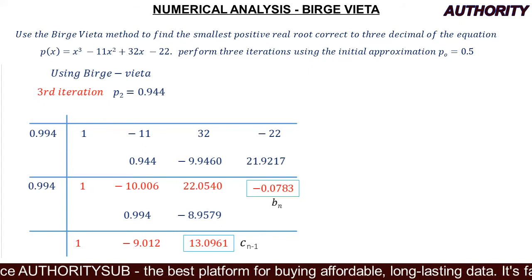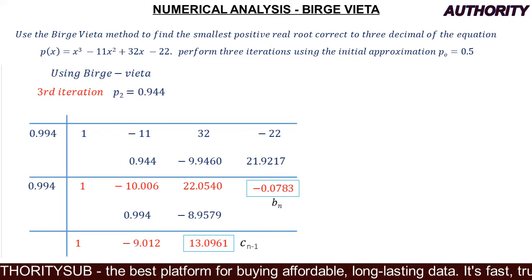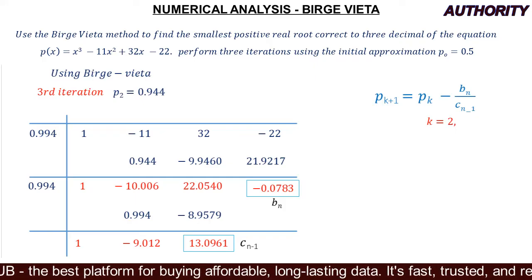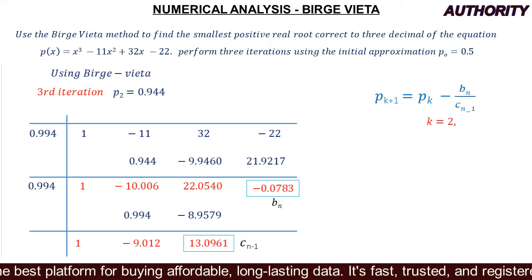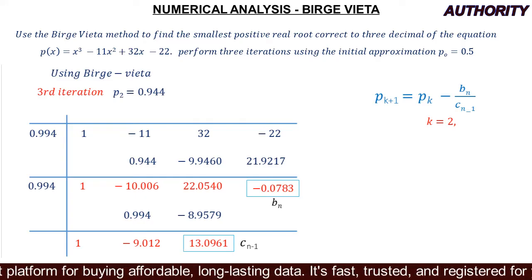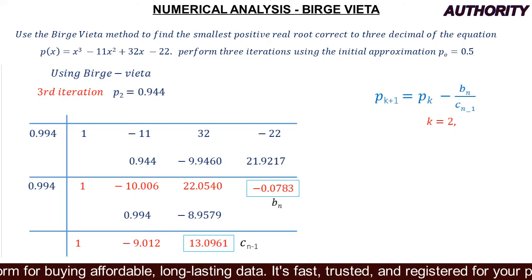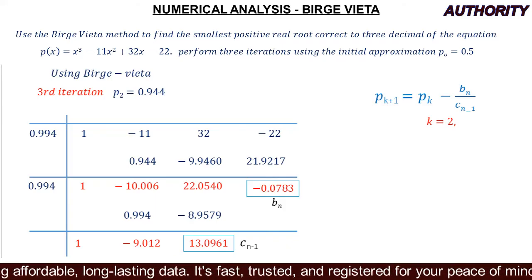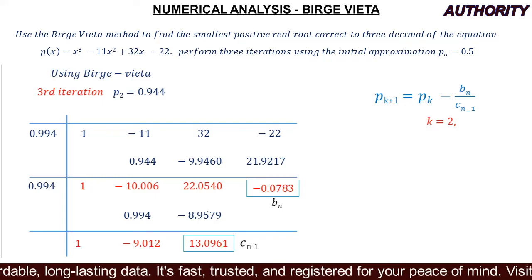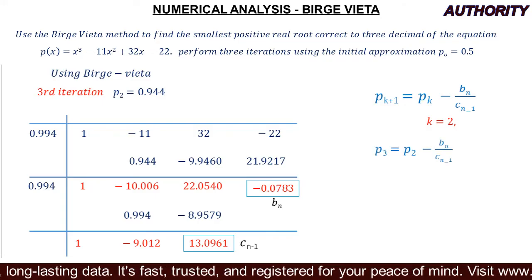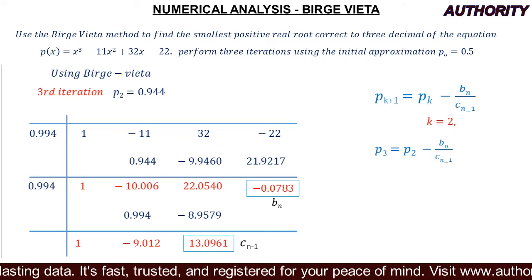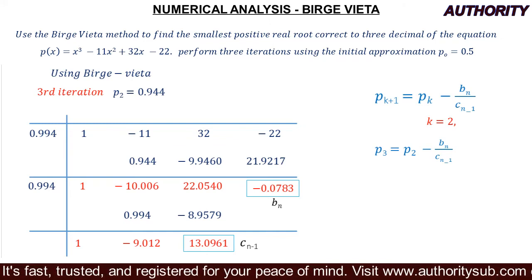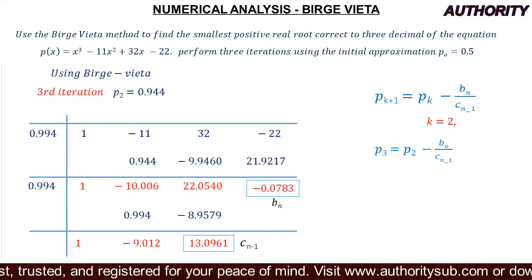Good. So our formula for Birge Vieta, which is pk plus 1, is equal to pk minus bn all over cn minus 1. In this case, our k is 2. So when we plug in all the values we need, when k is 2, we have p3 is equal to p2 minus bn all over cn minus 1. We know our bn, we know our cn minus 1, and we know our p2.